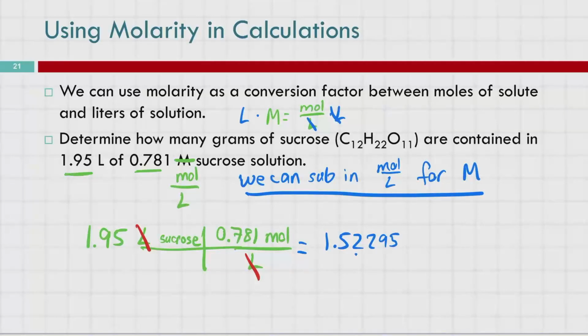So we would get this out for our number of moles of sucrose, which is C12H22O11. We would multiply by our molar mass, which I don't have, so we'll have to calculate it real quick. 342.297.